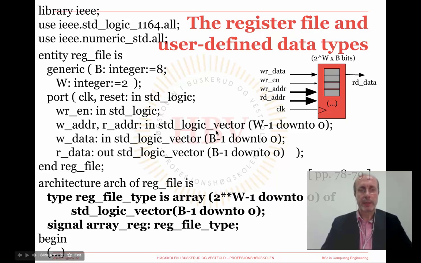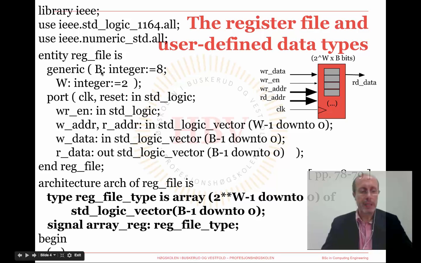Now, there are 2 things that you should notice particularly in this description. The first one is the generic declaration inside the entity description, which facilitates the modification of this code when we want to design register files with a different number of registers or a different number of bits per register.